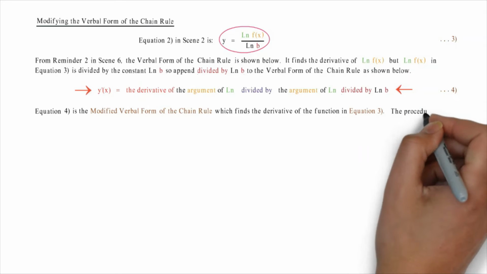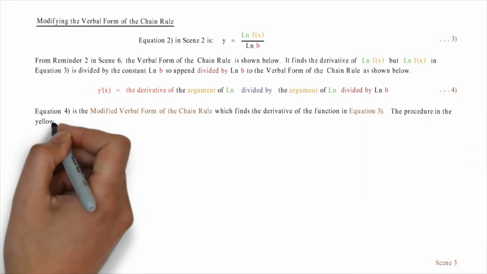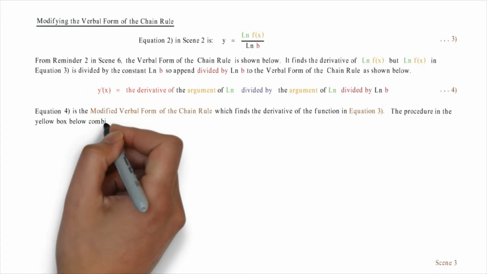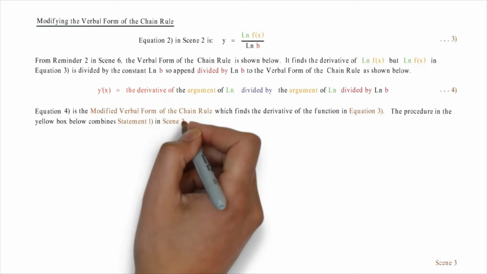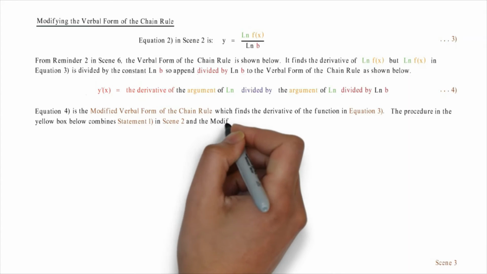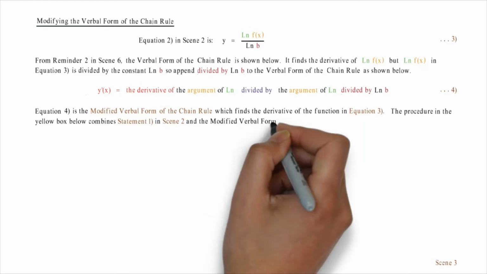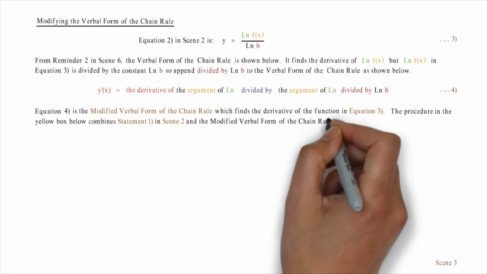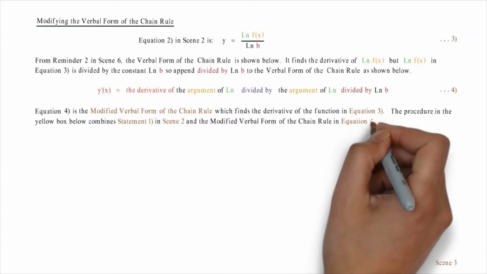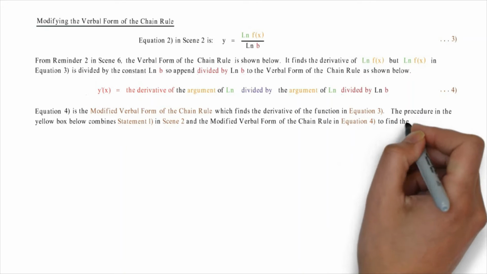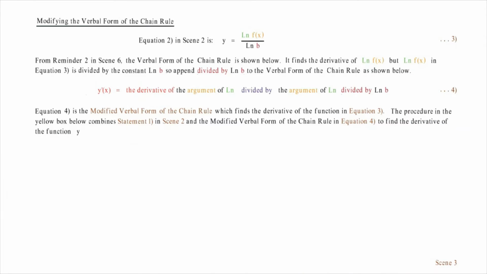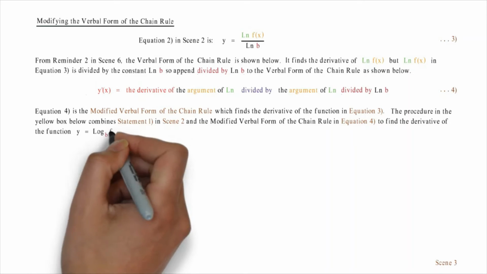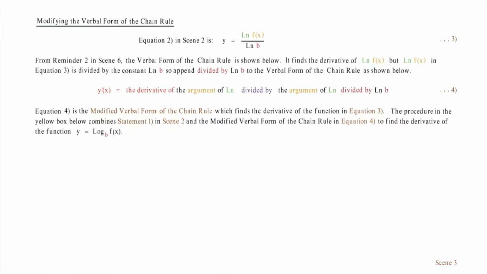The procedure in the yellow box below combines statement 1 in scene 2 and the modified verbal form of the chain rule in equation 4 to find the derivative of the function y equals log base b of f of x.